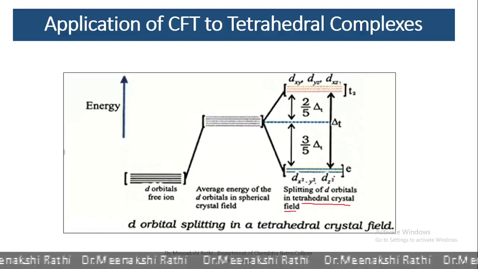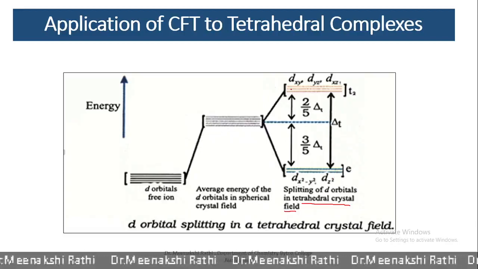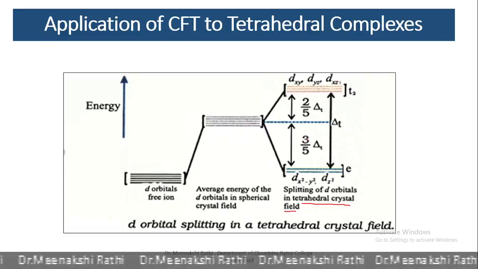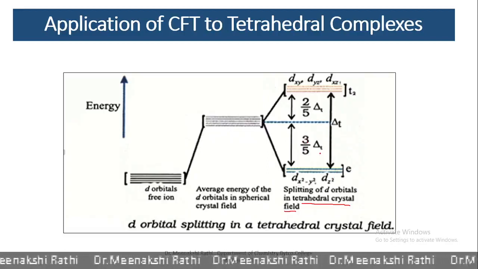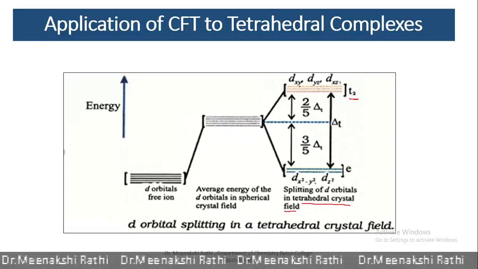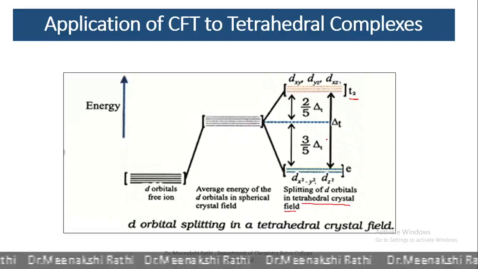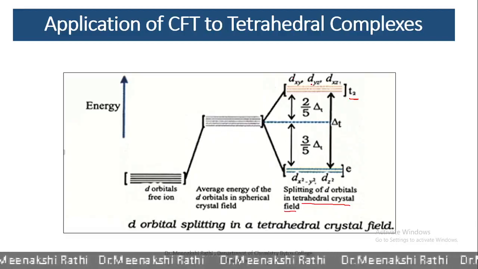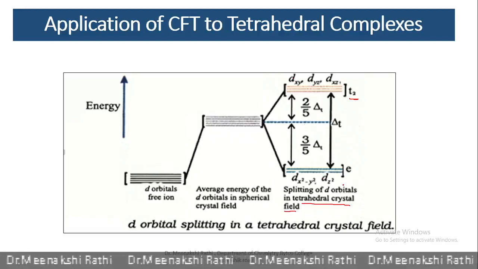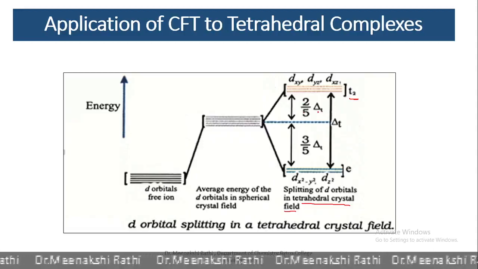Out of 5 d orbitals, 2 d orbitals' energy is decreased by 3 by 5 delta t, while the 3 T2 orbitals, dxy, dyz and dxz, their energy is increased as compared to the 2 d orbitals by 2 by 5 delta t.